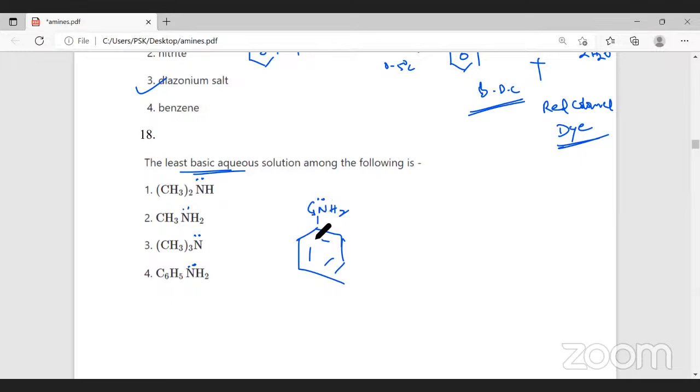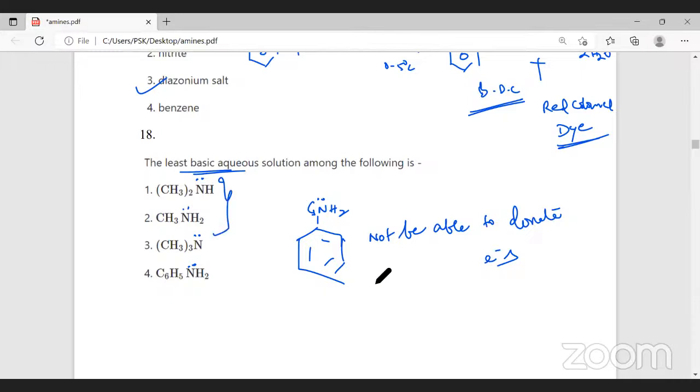When electron moves towards the benzene ring, the availability of the lone pair of electrons on nitrogen decreases. So this molecule will not be able to donate electrons as other molecules.